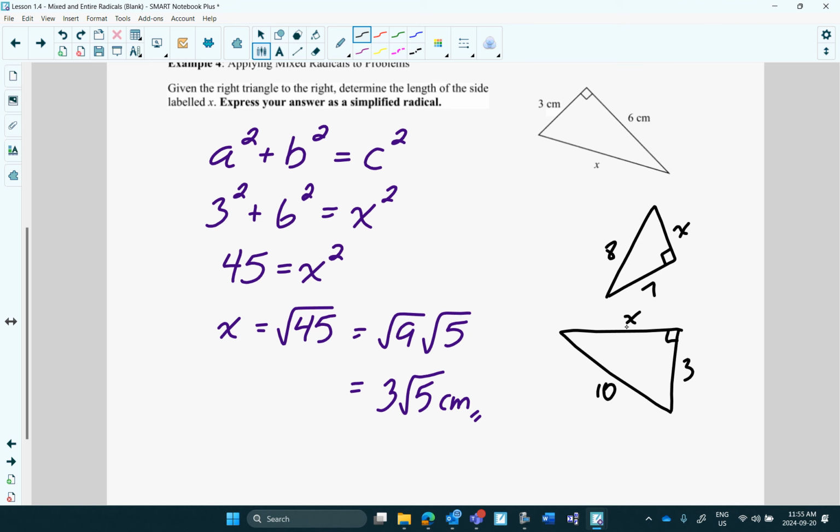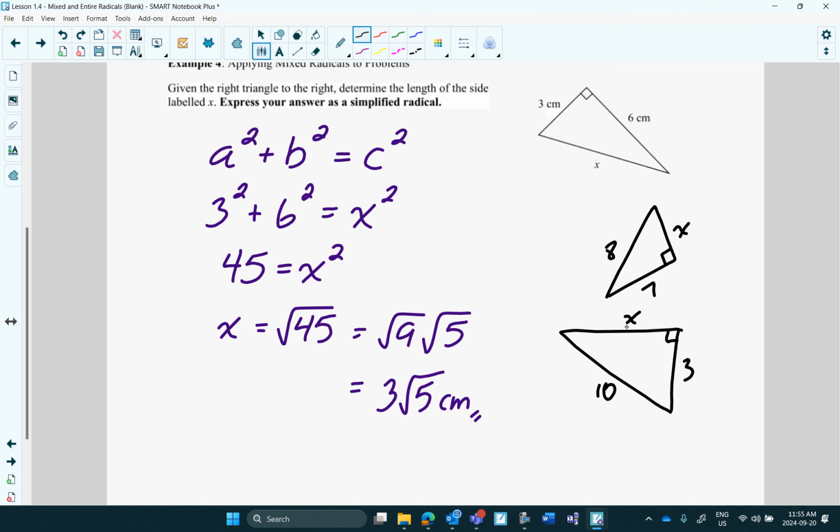What would the equation be? X squared plus X squared? They can be reversed, but you have to get them right on the diagram.